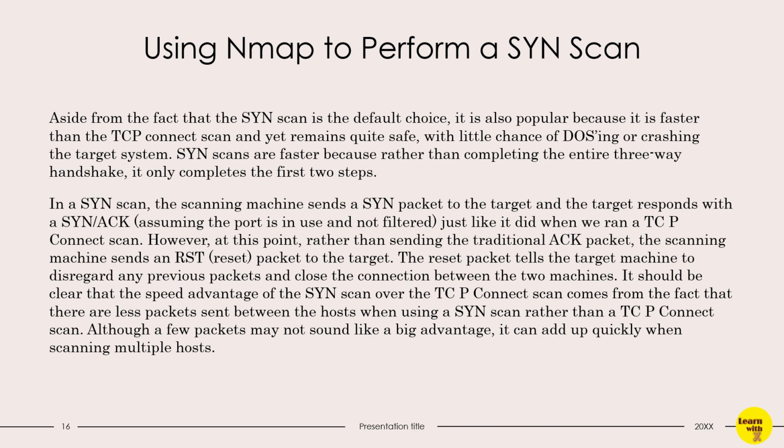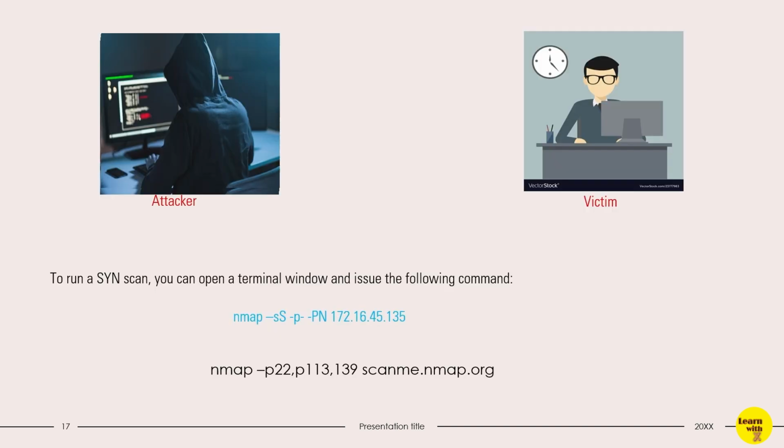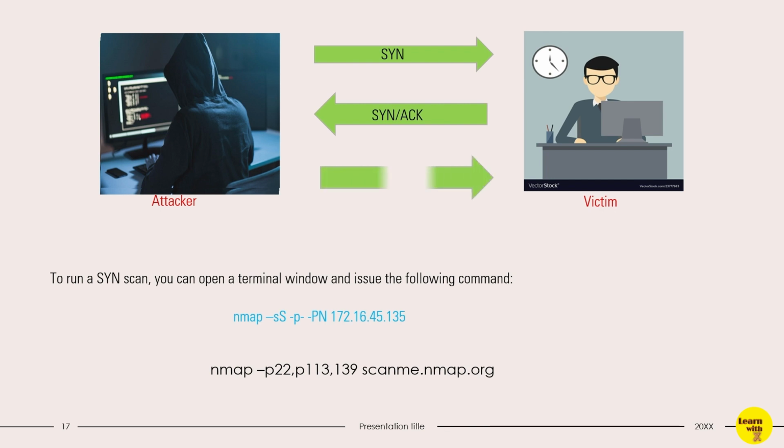However, at this point, rather than sending a traditional acknowledgement packet to the receiver, the scanner sends an RST, reset, packet to the target. The reset packet tells the target machine to disregard any previous packets and close the connection between the two machines. To run a SYN scan, we use the following command: nmap -sS -p- -Pn and then the IP address.